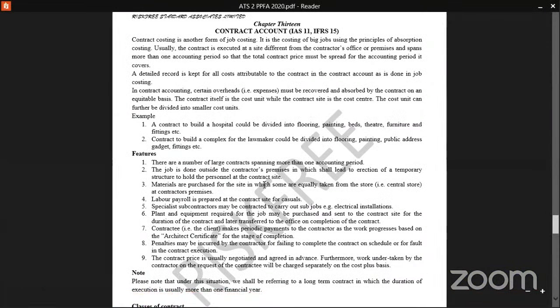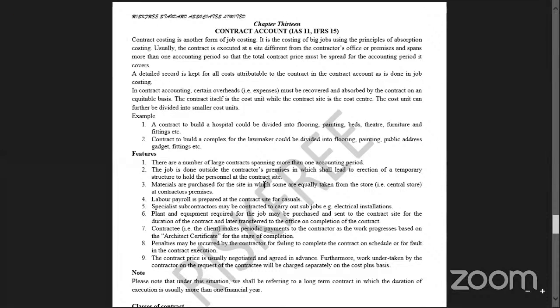When we talk about contract account, we are saying that contract account is another form of job costing, which you get to see in costing account, and you can have it in absorption and all the rest. Contract account is also something you see in government accounting. In public sector accounting, you have been taught what we call contract account.